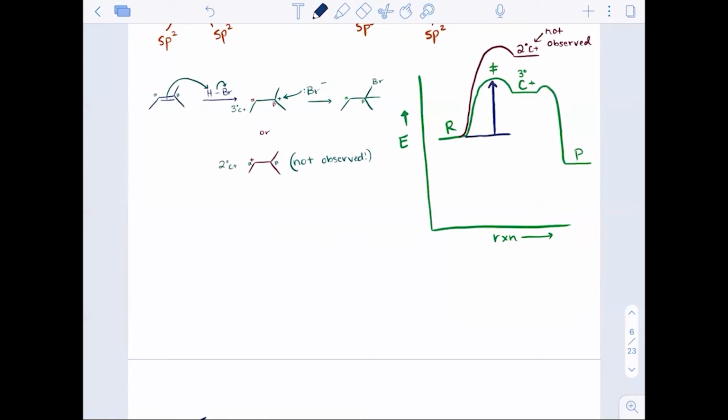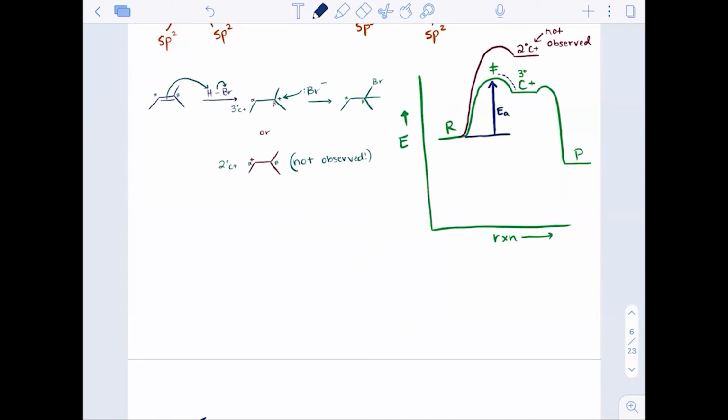Remember, the Hammond postulate said if you have an endothermic reaction, that transition state is closer in energy to the carbocation. Therefore, the carbocation is influencing that choice for the activation energy, that choice for the first intermediate.